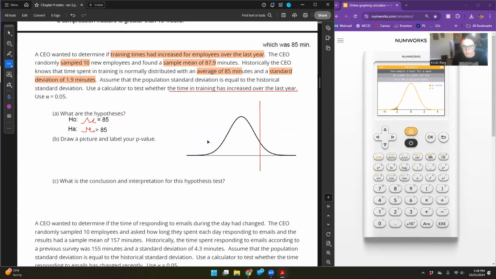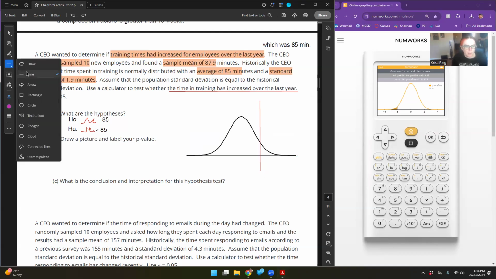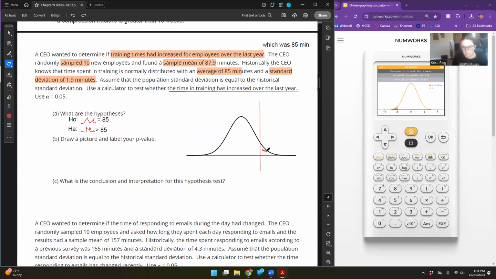Shade in the greater than for the right tail. Stop it. There we go. Try this one more time. And the line is always marked with alpha. So this is 0.05.